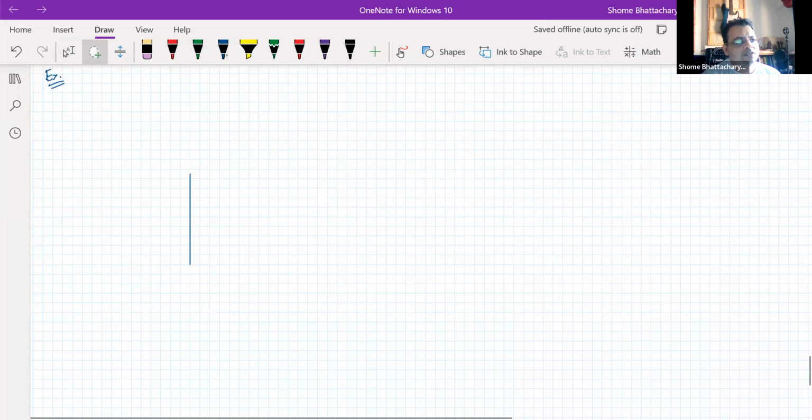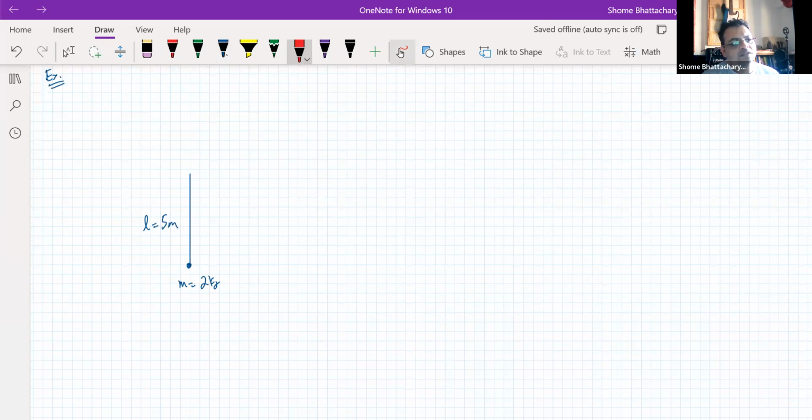Okay, so let's see this situation. Now we have a particle of mass, let's say 2 kgs, attached to a thread like this of length 5 meters.